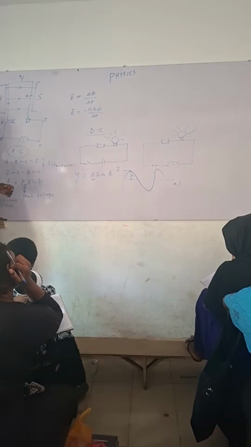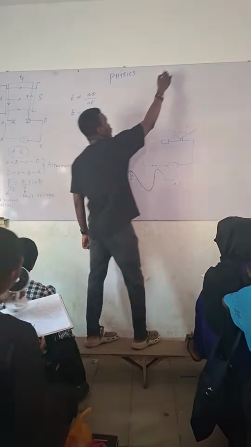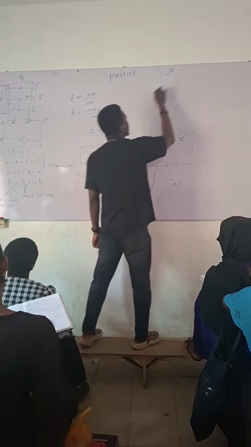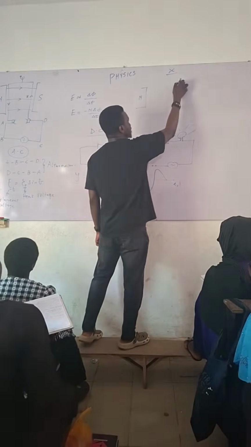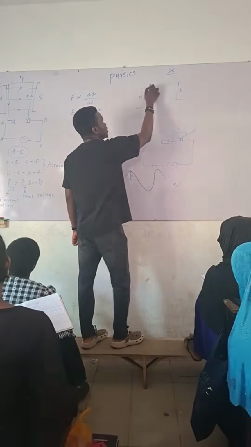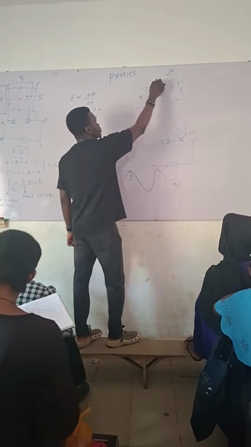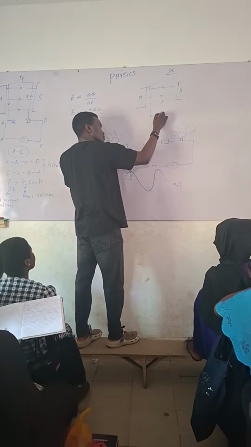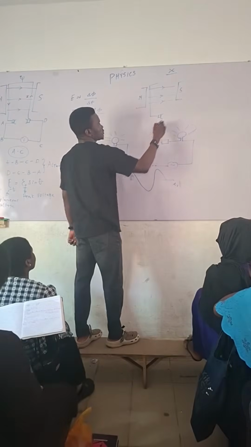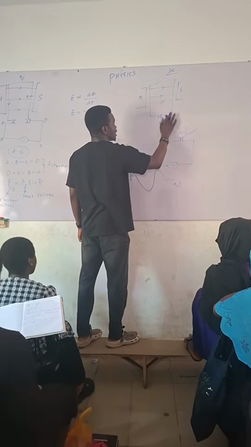Now, let's check how DC works. And you will see that it does not alternate like this. So for DC, you have your magnets. Let me put it this way, instead of split ring, or what's that one called?